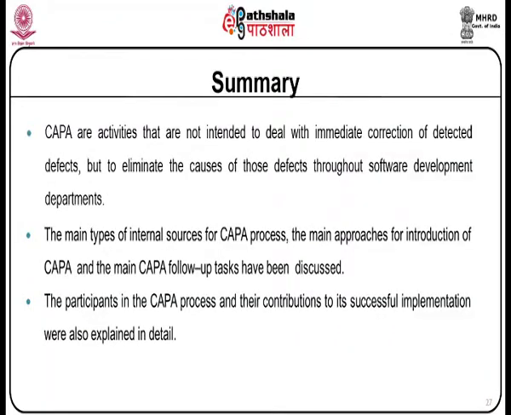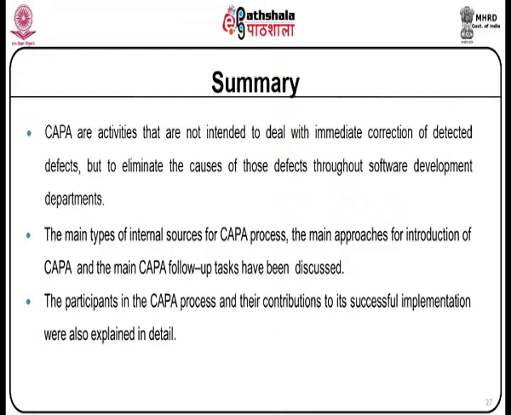To summarize, corrective and preventive actions are activities that are not intended to deal with immediate correction of detected defects, but to eliminate the causes of those defects throughout software development departments.